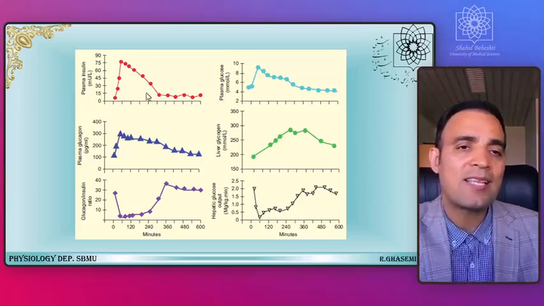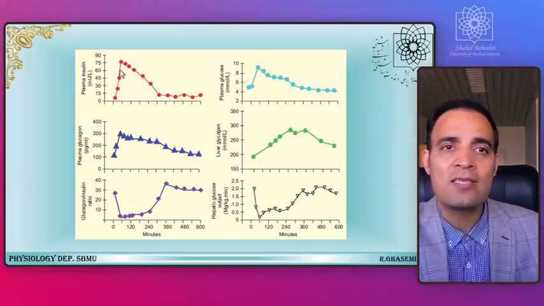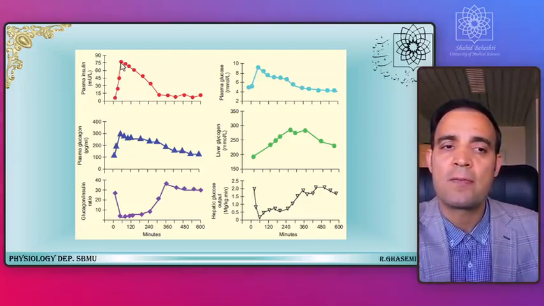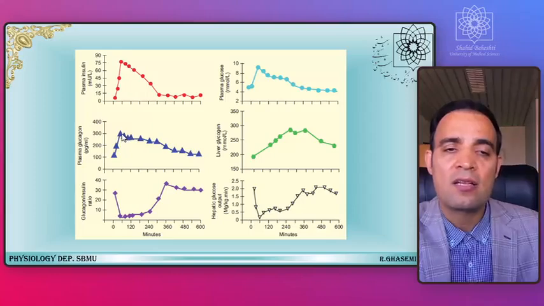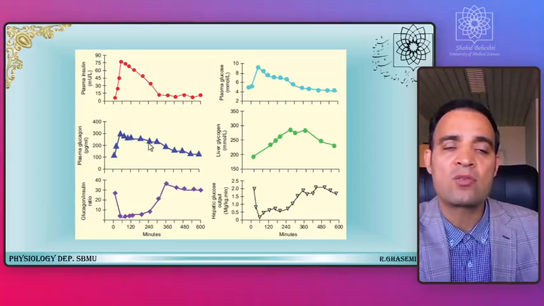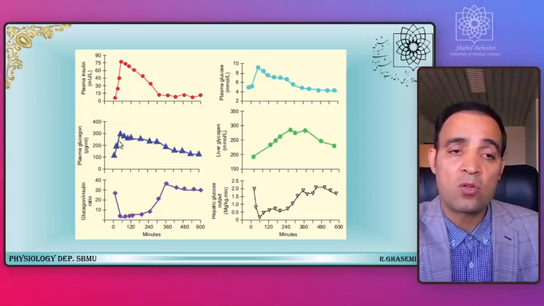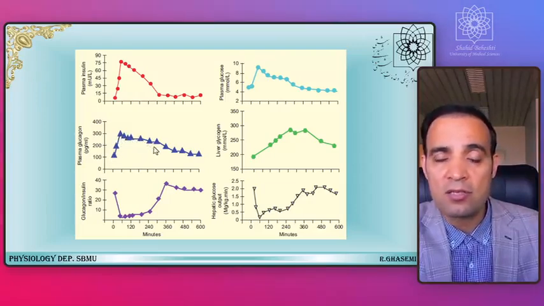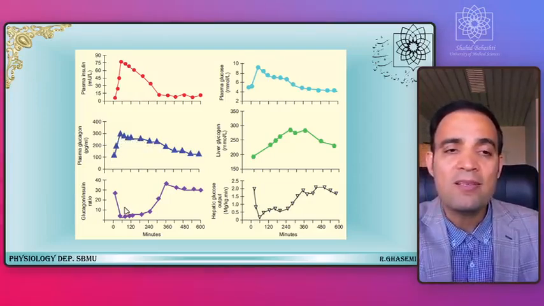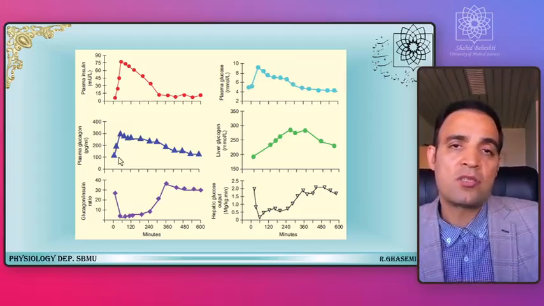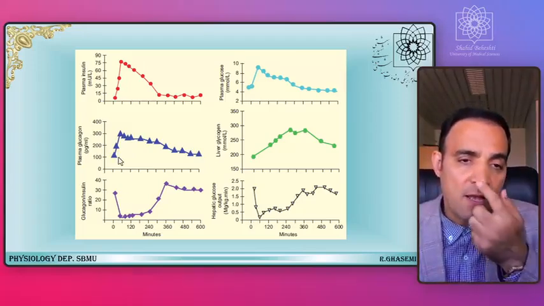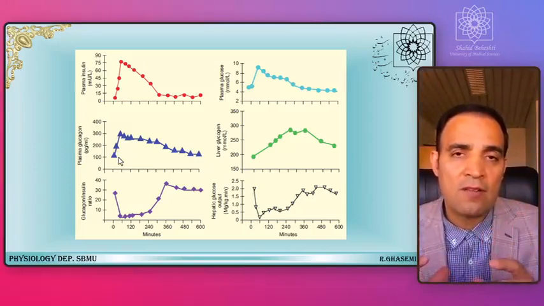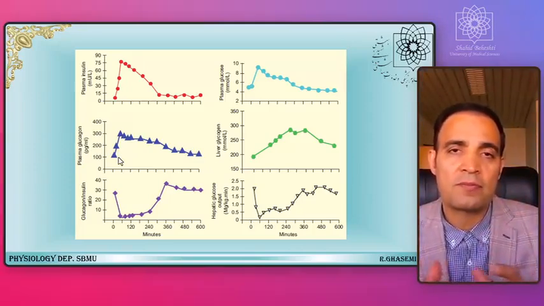As you see, at the same time, immediately insulin is also increasing, and with a delay, glucagon starts to decrease, and glucagon also increases and then starts to decrease. But you may say that glucagon is increasing, insulin is also increasing, and there is a discrepancy between these two effects.